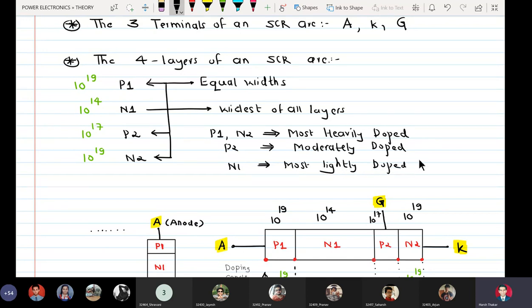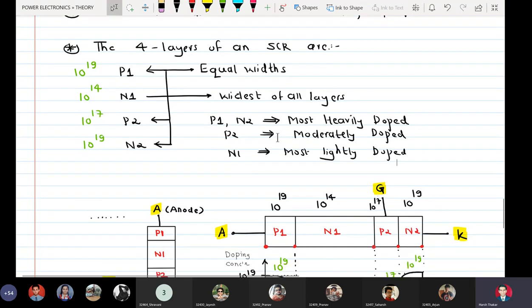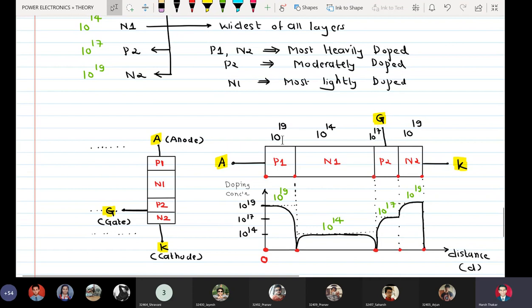Now a question can come to our mind that why the manufacturers have kept N1 as the widest region. It will come now.